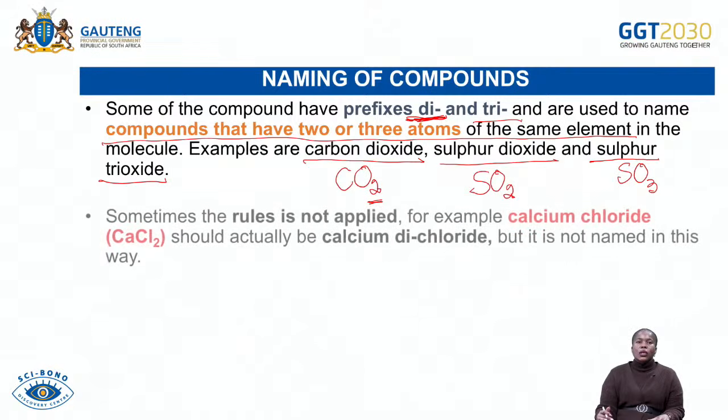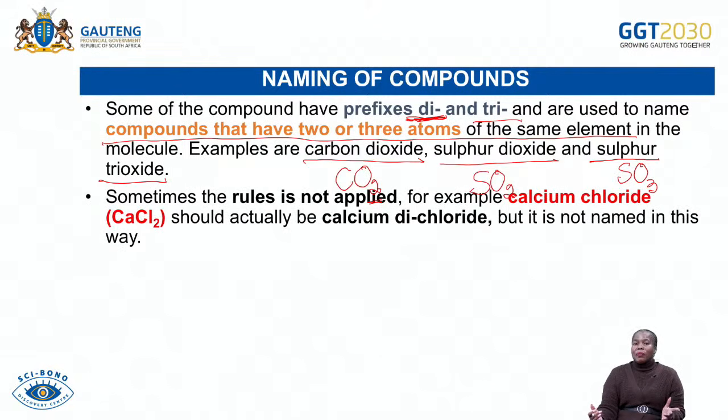So now, sometimes the rules are not applied. For example, the best example to use is calcium chloride. It should be named calcium dichloride, because there are two chlorine atoms there, but it is just named calcium chloride.